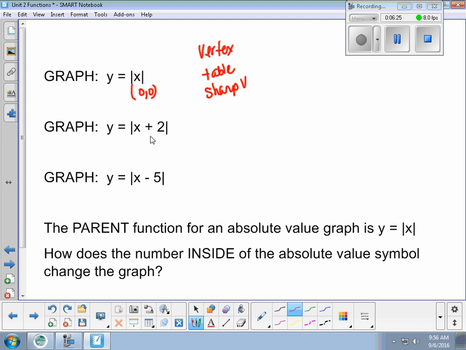The vertex here, remember I said it's the opposite of what's inside, exactly what's outside. Remember that the vertex goes in the center of your table of values. Pause the video, graph, and then double check to make sure that your graphs are accurate.